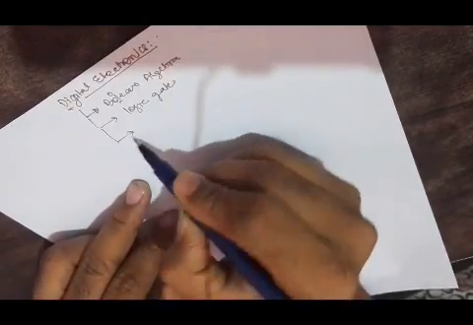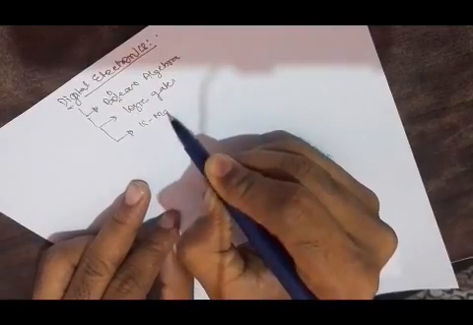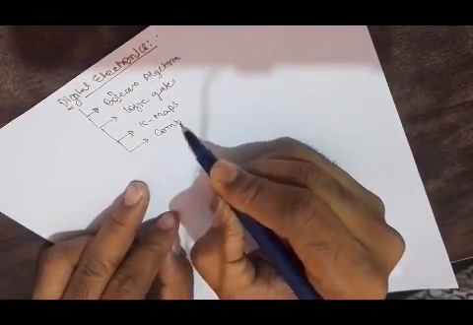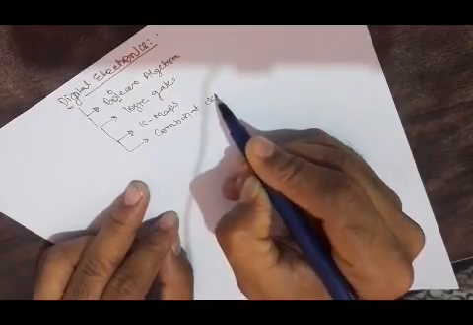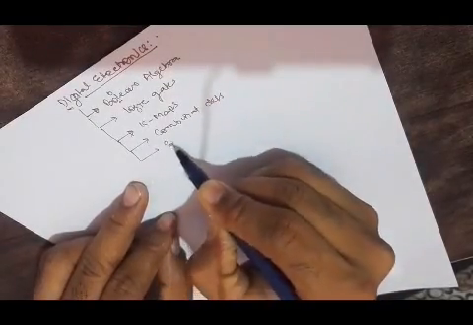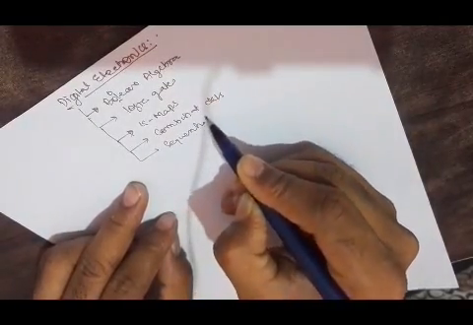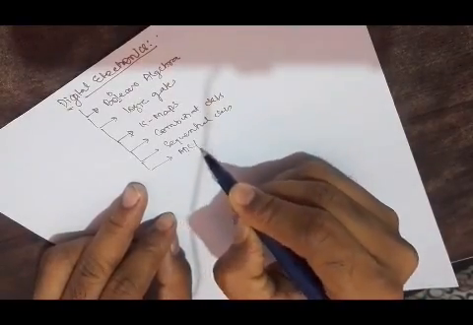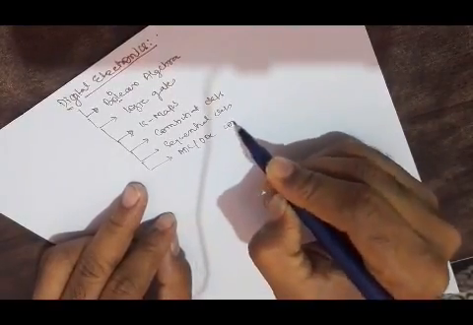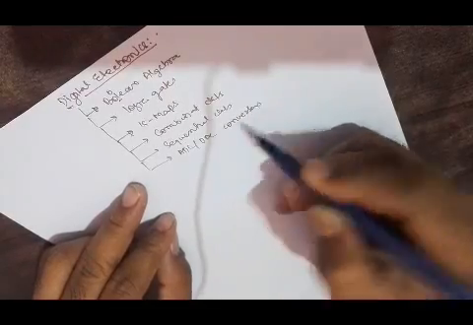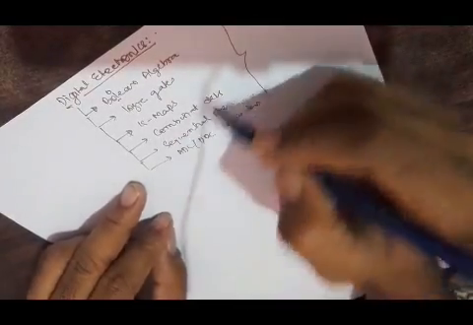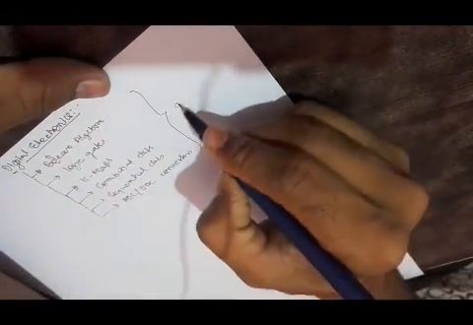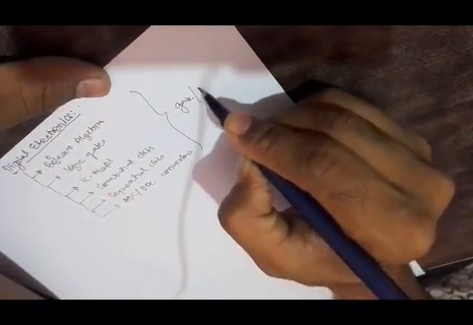Then we will study K-maps. Then combinational circuit. Then sequential circuit. And we will wind up with ADC and DAC converters. This is the syllabus for GATE plus PSUs.